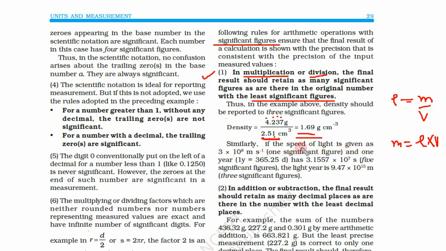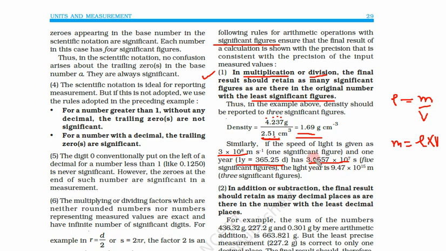Similarly, if the speed of light is given as 3 into 10 to the power 8 meter per second, one significant figure, and 1 year is equal to 365.25 days, it has this many seconds, which we have learned is 3.1557 into 10 to the power 7 seconds.